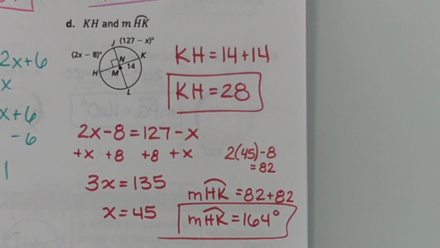Is this correct? Is this right? That is not what I got. Do I take this, or do I take this? KH is a segment, HK is an arc. So KH is equal to that. Then you got 14. So this is this.